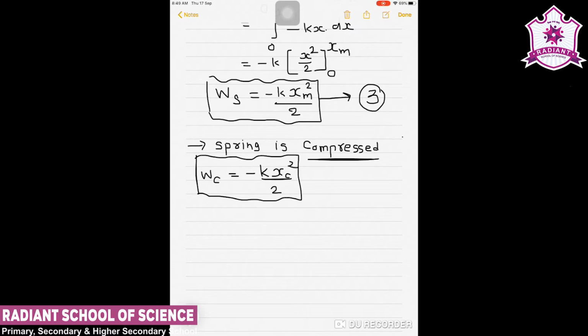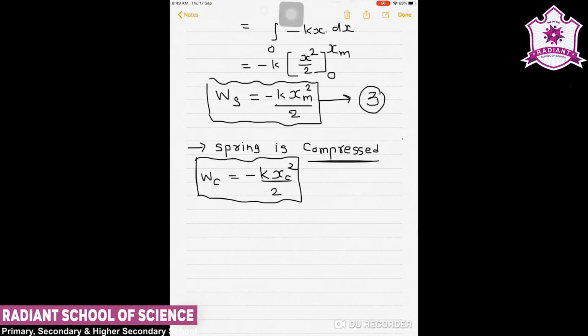Now if the block is moved from its initial displacement xi to the final displacement xf, the work done by the spring force Ws is given by the following formula.